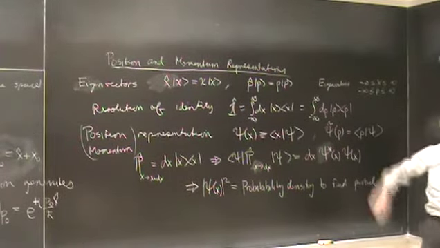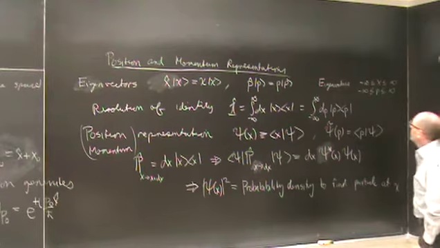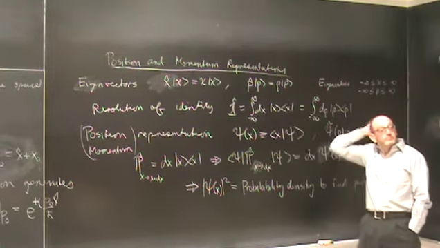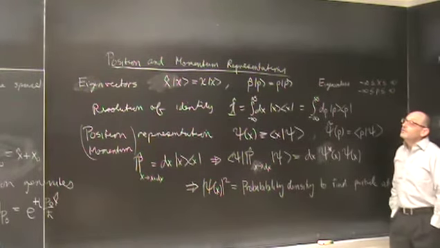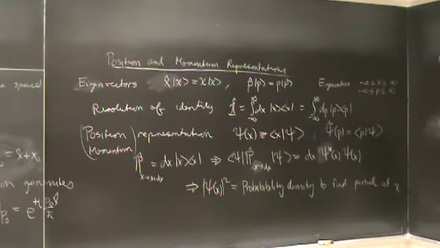They can take on any real value. And so in that case, instead of a sum over discrete possible values, we have integrals over those eigenvalues that form the resolutions of the identity. Okay?